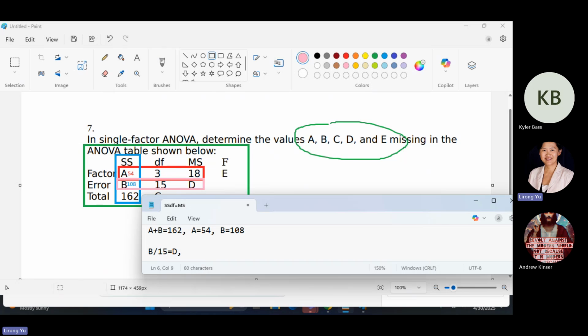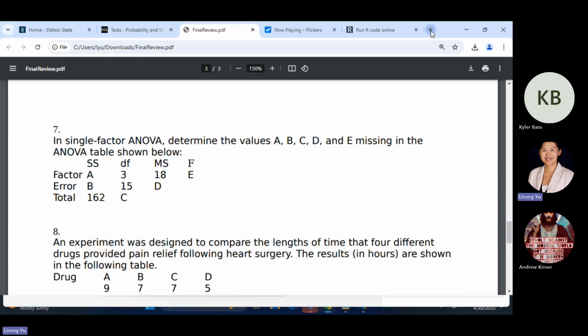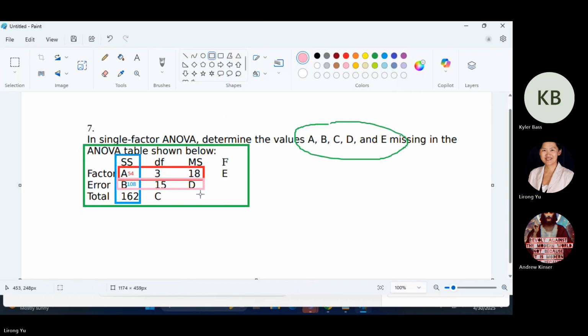Since we already have B equal to 108, it's 108 divided by 15. And what is 108 divided by 15? 7.2. So D is actually 7.2.